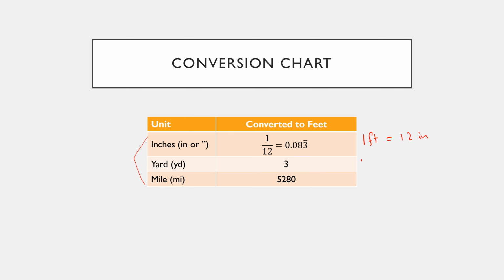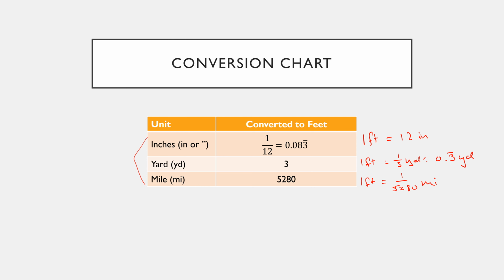Here we could say that 1 foot is equal to 1/3 of a yard, or 0.3 repeating yards. And then we could say that 1 foot is equal to 1 over 5280 miles.